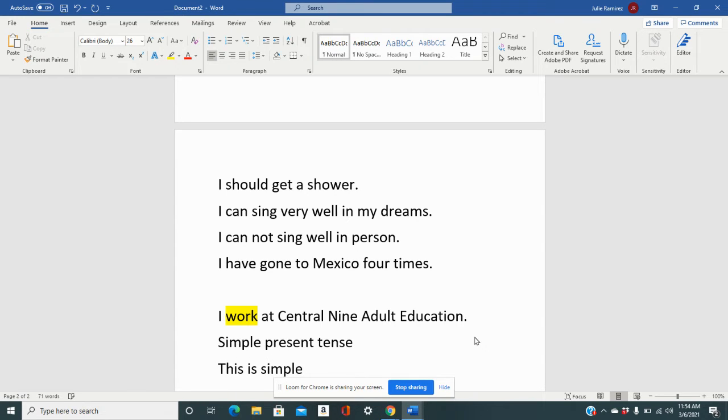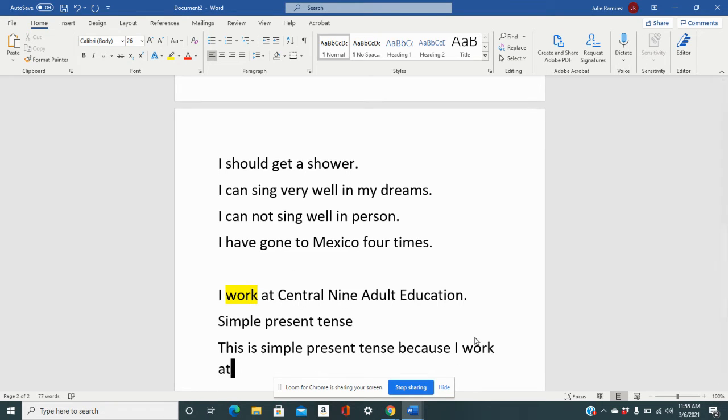So it is simple present tense because I work at C9 every day. It is a repeated action. So that's why it is considered a simple present tense.